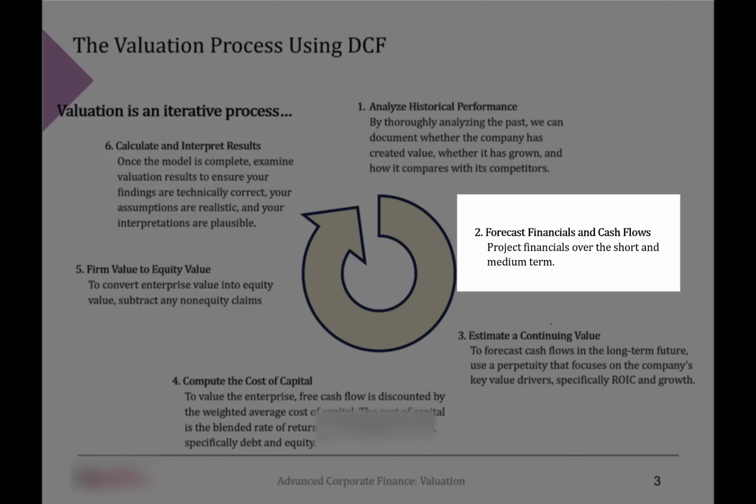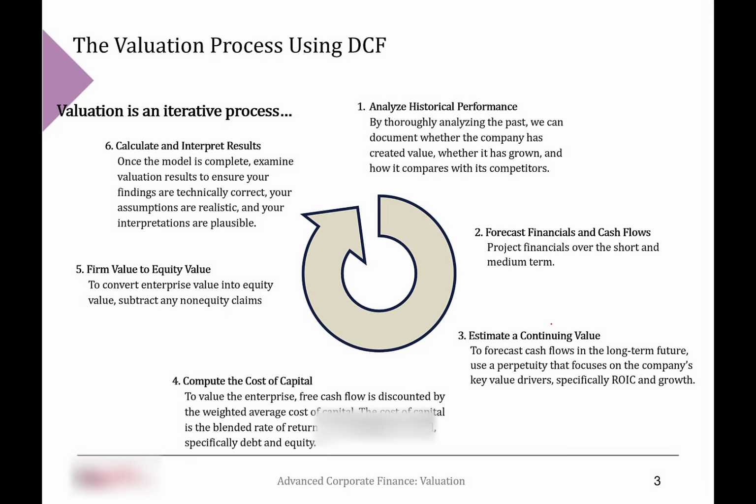The projection period depends on the company's stage, since at the end of the projection period, the company is supposed to be a stable, mature company. For example, for very young companies, you may use a projection period of, let's say, 10 to 15 years, since it may take many years before the company becomes a stable one. However, for an old, mature, and stable company, a 5-year projection period is typical.